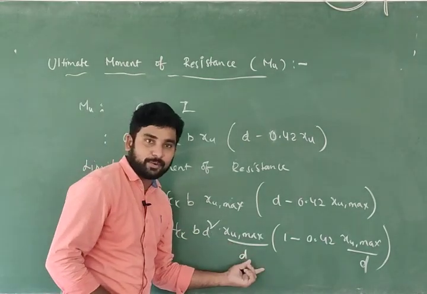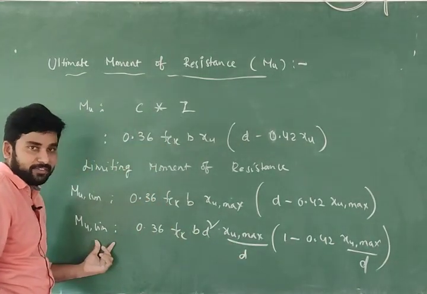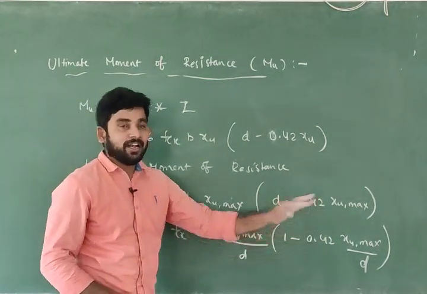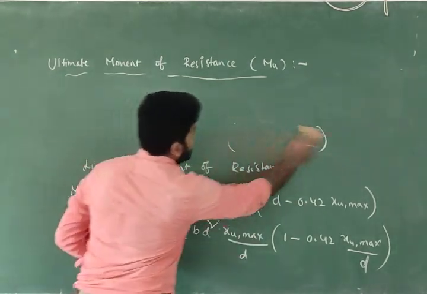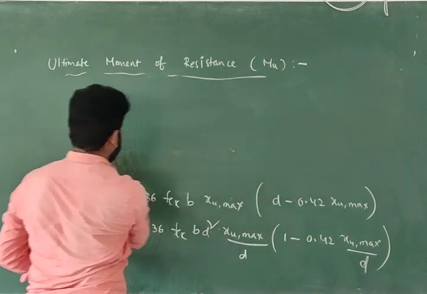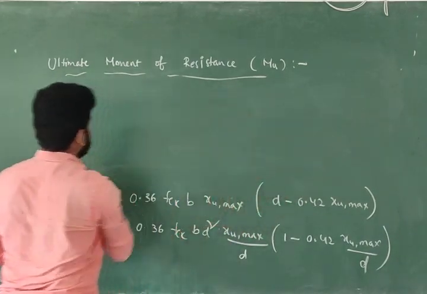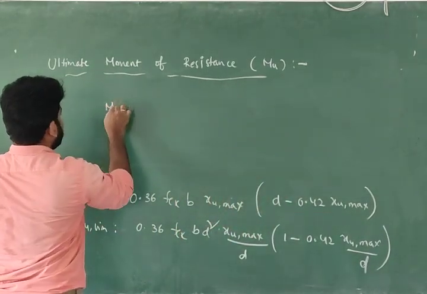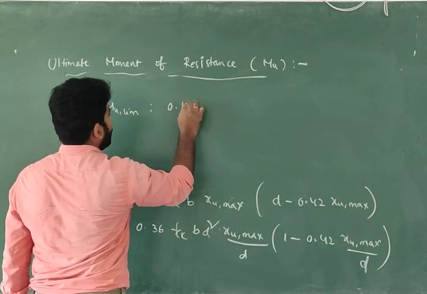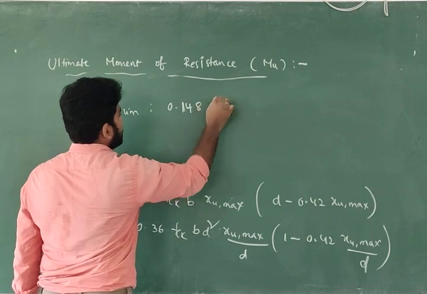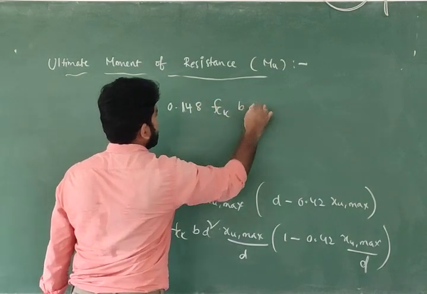If you substitute 0.46, you will get a different value. So please substitute. Finally I will tell you the limiting moment of resistance for different grades of steels. That is, Mu limit equals 0.148 fck into b d square.